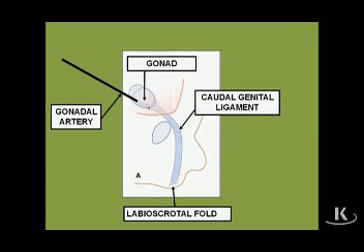So we've already said that if this is male, that gonad is going to descend through the inguinal canal and end up down here. And in descending through the inguinal canal, it will drag this gonadal artery and the other vessels right along with it.